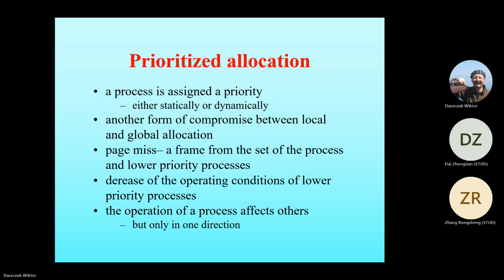So a process can influence the speed of run of processes with lower priorities. It can slow them down, taking their frames, but it cannot influence processes of higher priorities because it cannot take their frames. So in real-time systems, the prioritized algorithm is very often used.